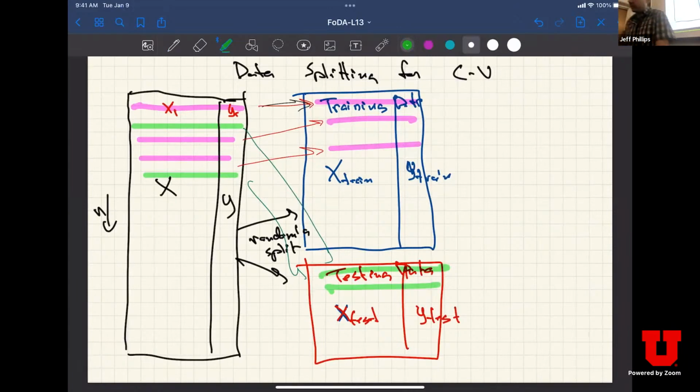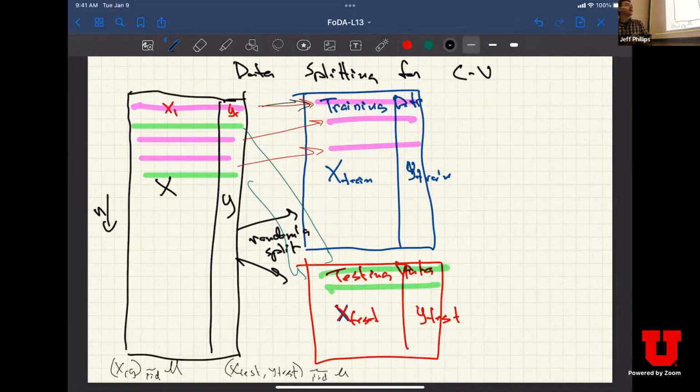If we assume that all of the data, X, Y, is IID from some underlying distribution mu, then because we did a random split, X test, Y test is also IID from the same distribution as the full data set.